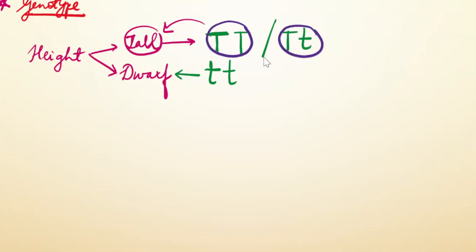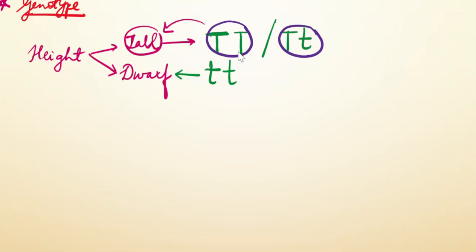This is about how it looks at the gene level. Tallness can be capital T, or it can be capital T, small t. Now what is this? I will speak in some time. And this dwarfness possibility is just small t.